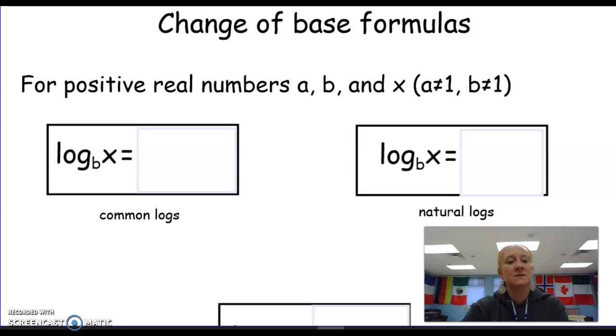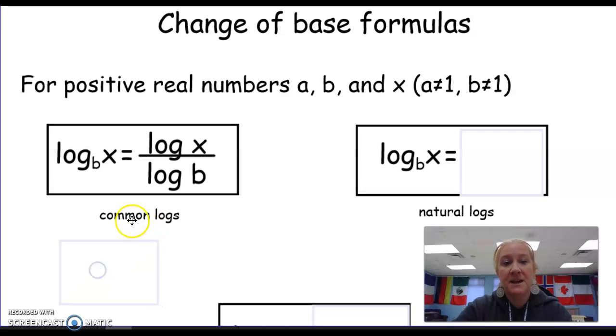So basically here's what happens. If we're going to use a common log, it really actually works with anything: common log, natural log, as long as you use the same thing on both levels. So to find the log base b of x, I don't know the base b in my calculator, but I do know the common log.